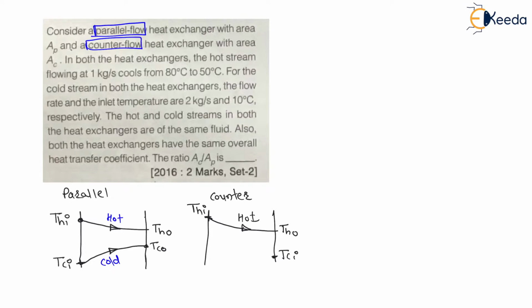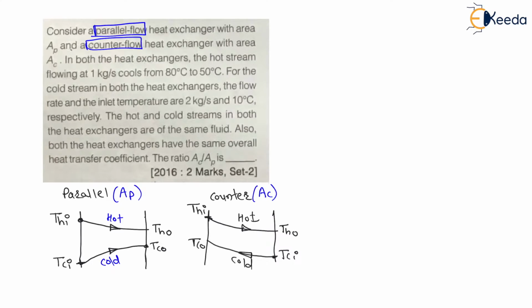Therefore, there will be a TCI, and the cold fluid temperature goes on increasing while flowing. Therefore, for this cold fluid, the exit temperature is TCO. Right. Now for parallel flow heat exchanger, the area is AP, and for counter flow heat exchanger, the area is AC. So here I am writing for parallel flow area is AP, and for counter flow area is AC.